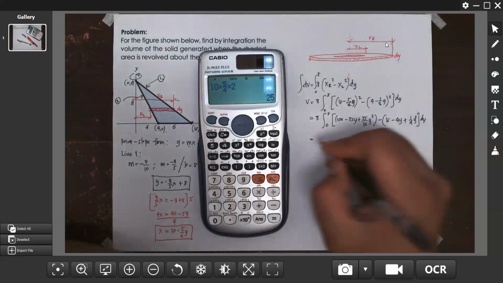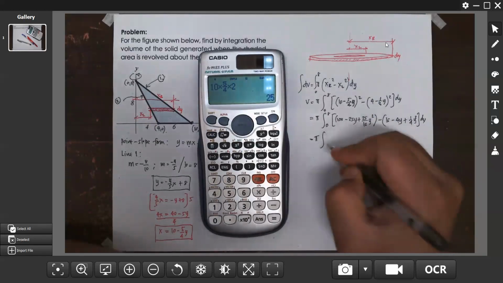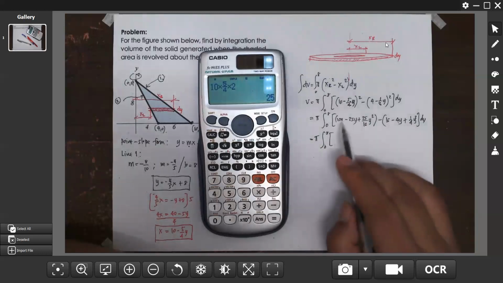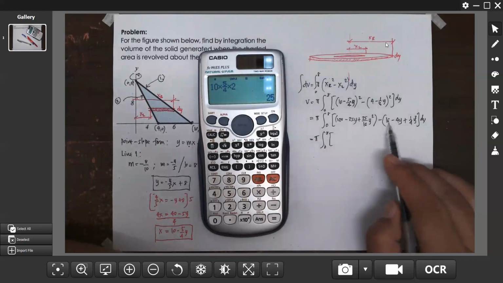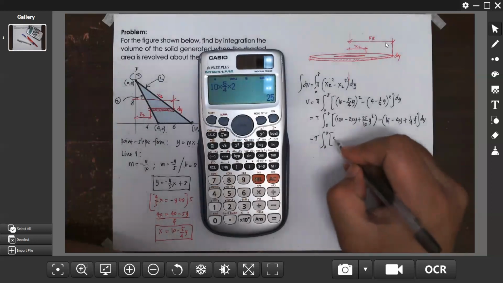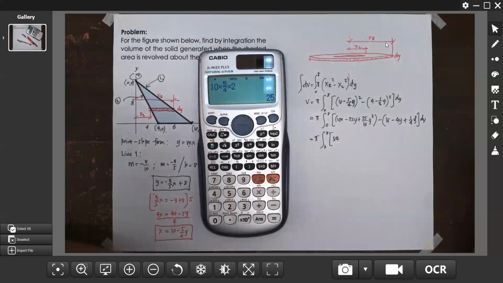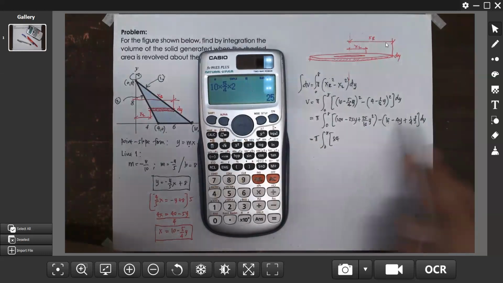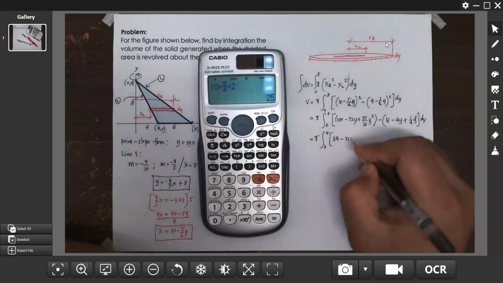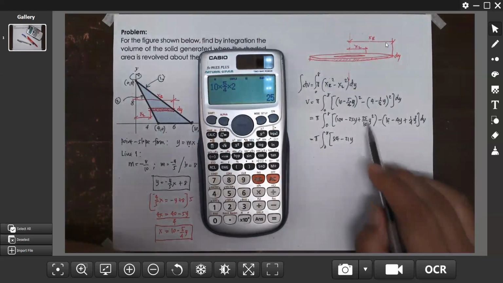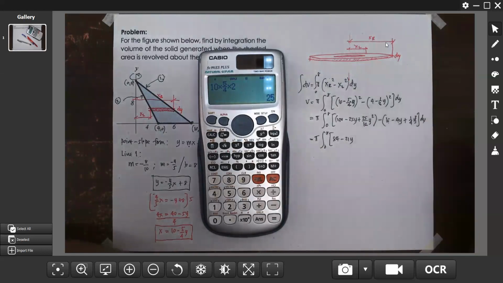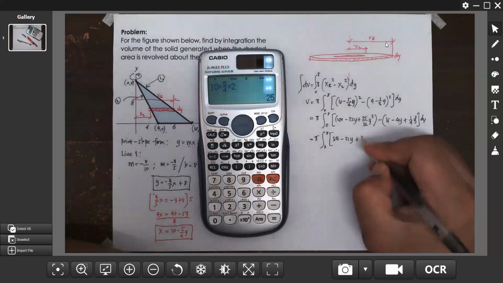And then we combine like terms. 100 minus 16, you have 84. Negative 25 plus 4, you have negative 21y. 25 over 16 minus 1/4 is 21 over 16.